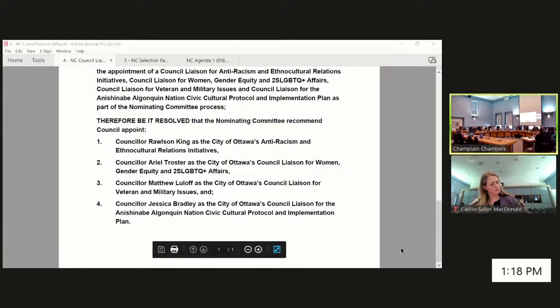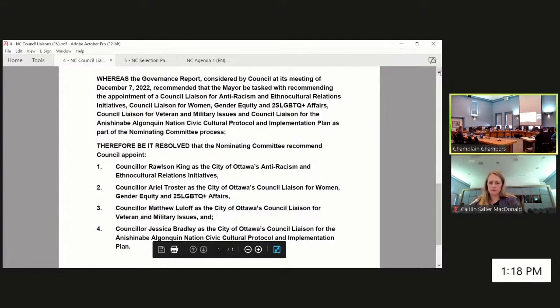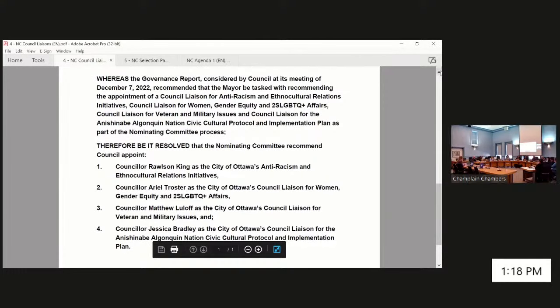Whereas the governance report considered by council at its meeting of December 7th, 2022, recommended that the mayor be tasked with recommending the appointments of council liaisons for anti-racism and ethnocultural relations initiatives, council liaison for women, gender equity, and 2SLGBTQ plus affairs, council liaison for veteran and military issues, and council liaison for an Anishinaabe Algonquin Nation civic cultural protocol and implementation plans for the nominating committee process.